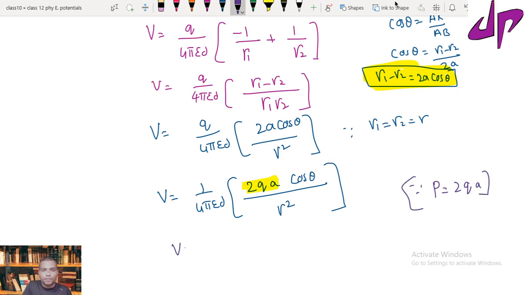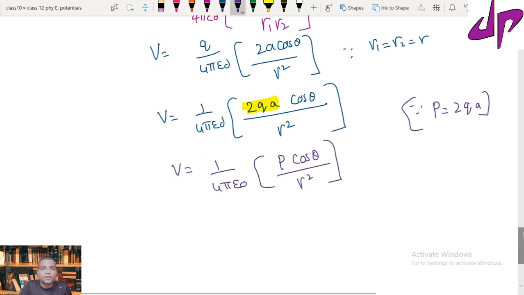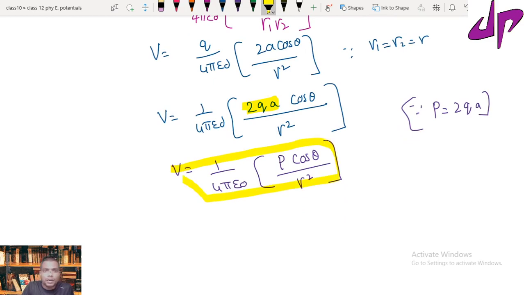So finally, V equals 1 over 4 pi epsilon naught of P cos theta upon r square. This is the expression for the potential at any point due to an electric dipole.